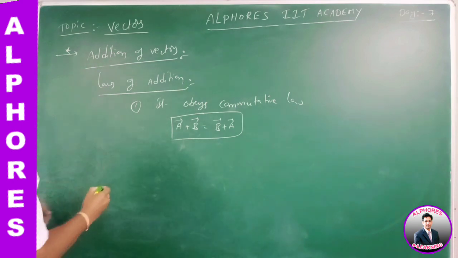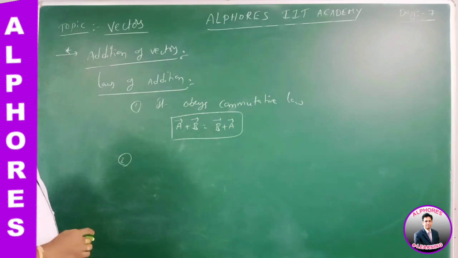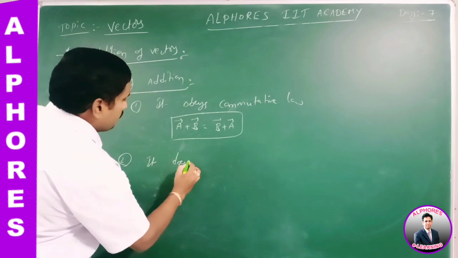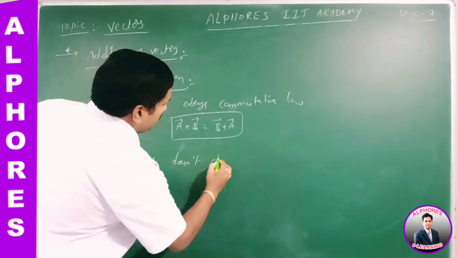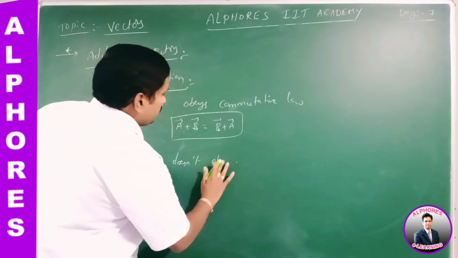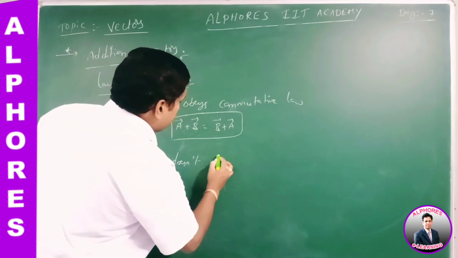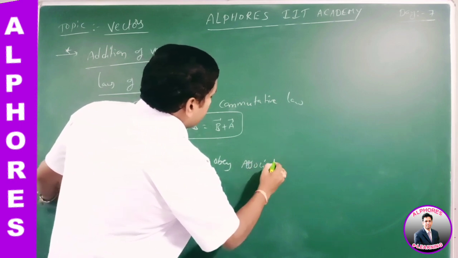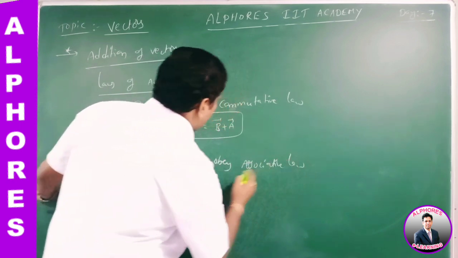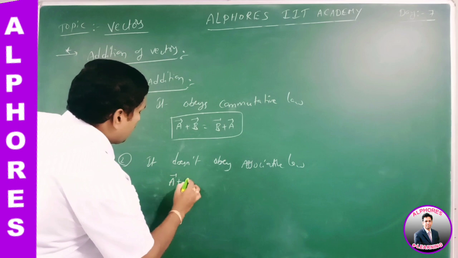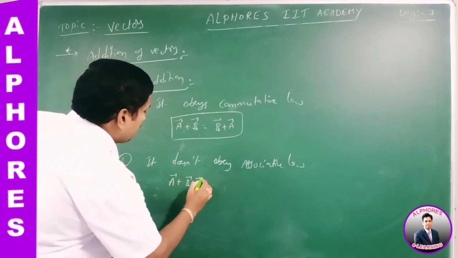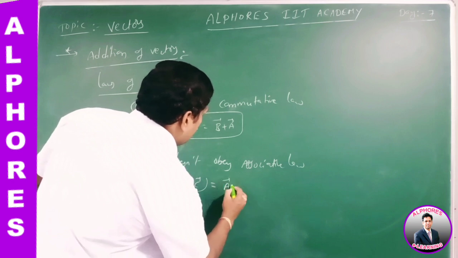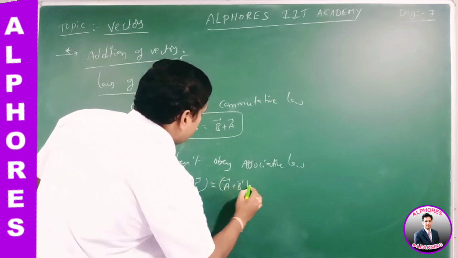The second one is the associative law, that is A bar plus B bar plus C bar is equal to A bar plus B bar plus C bar, grouped in any way.